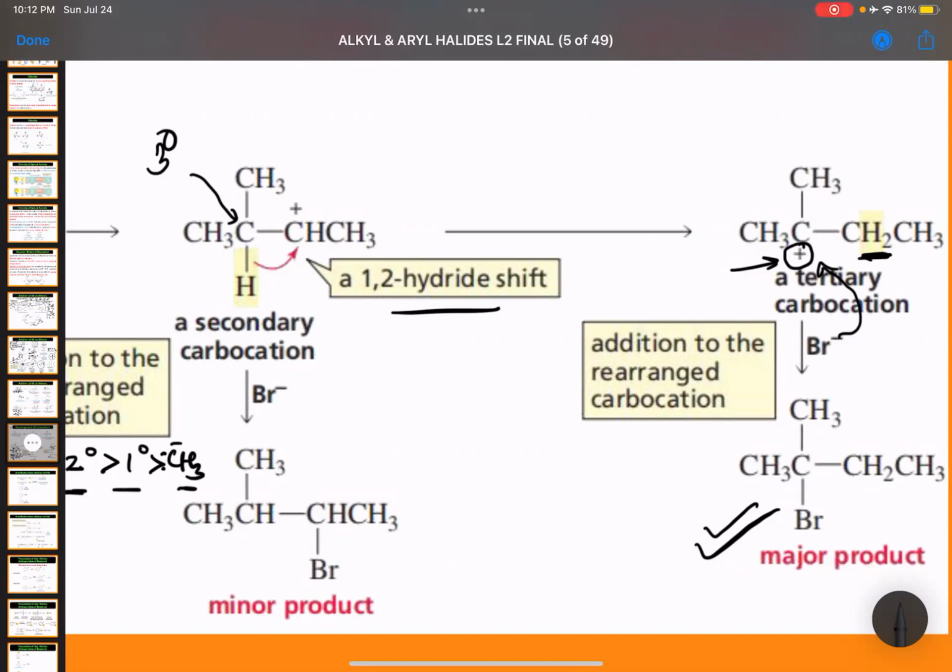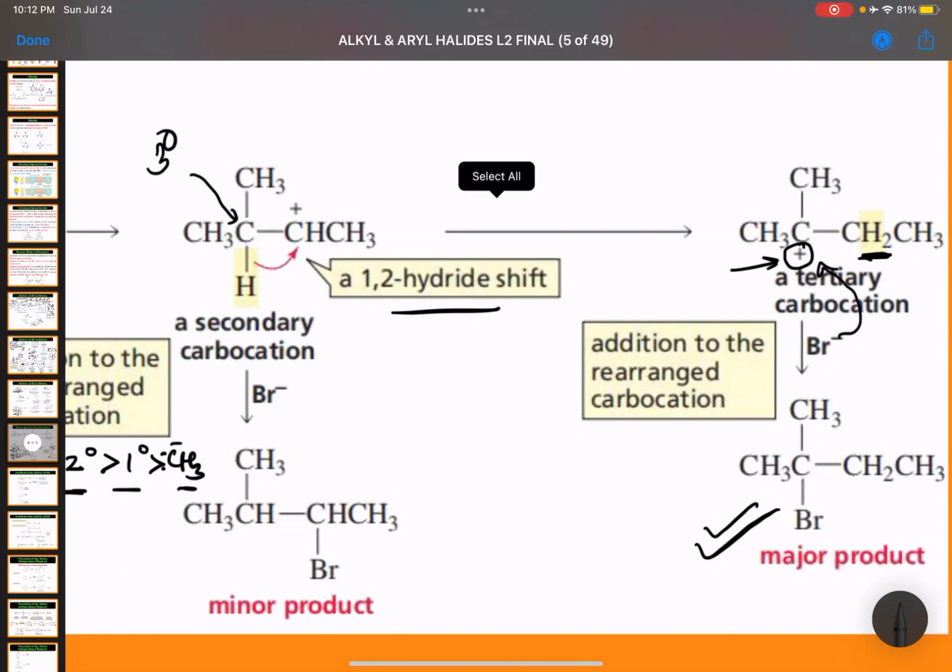Then once a more stable carbocation is formed, you need to check whether the carbocation gets shifted one more step ahead to the next carbon if it is becoming more stable further. If it is becoming more stable by shifting on to the next carbon, you will do that.